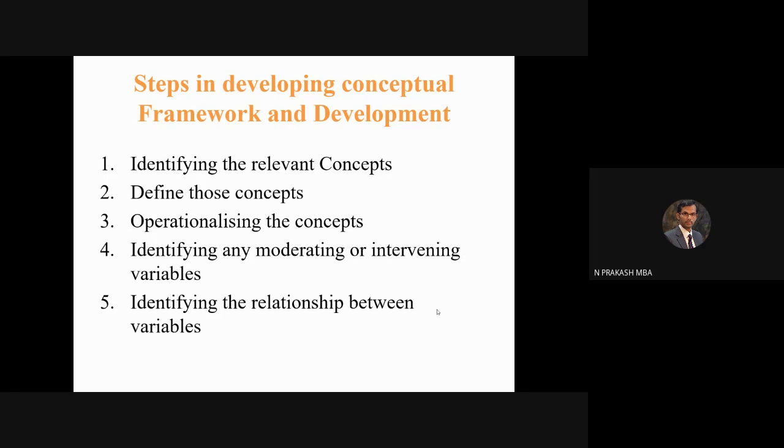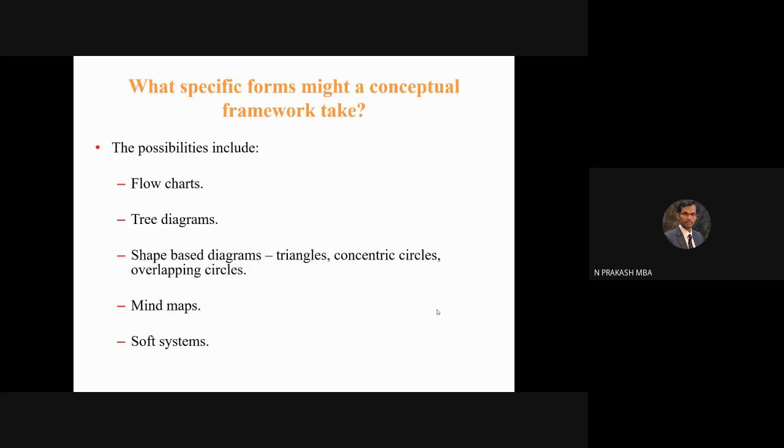Sometimes we also identify the relationship between the variables within the moderating variable or within the dependent variable. So how can we make the conceptual framework? The conceptual framework will be framed.